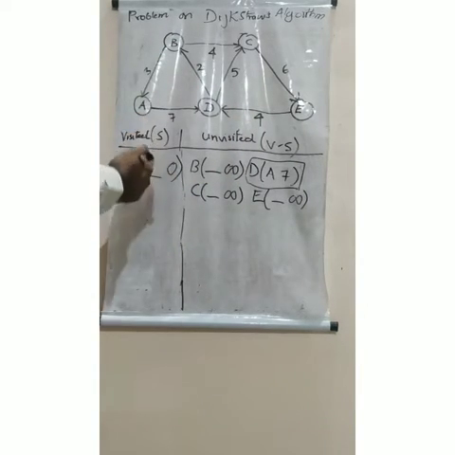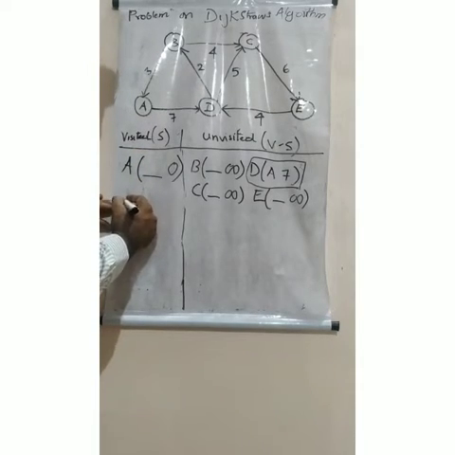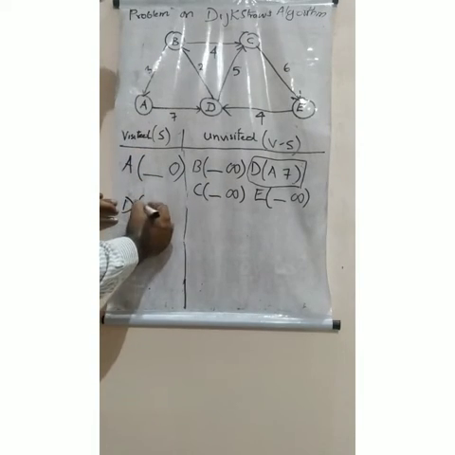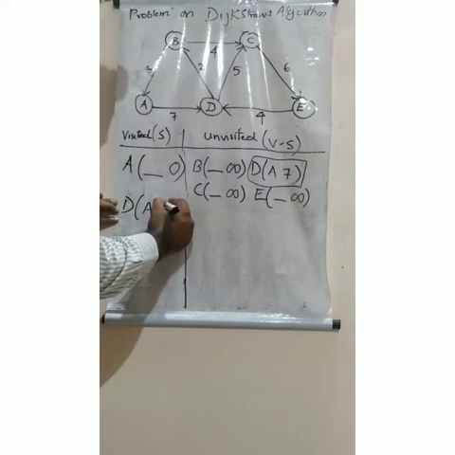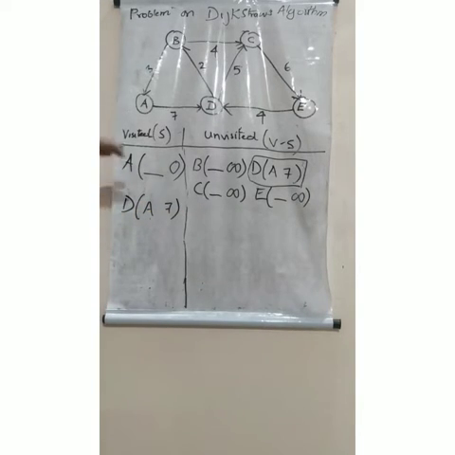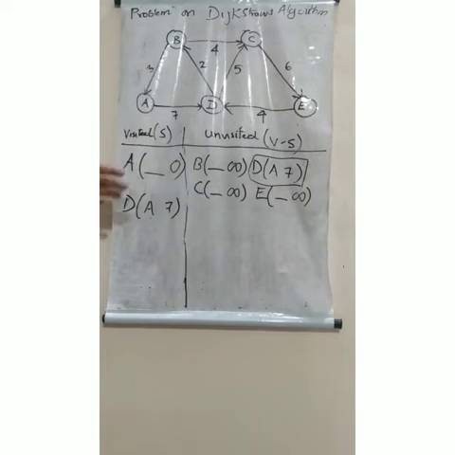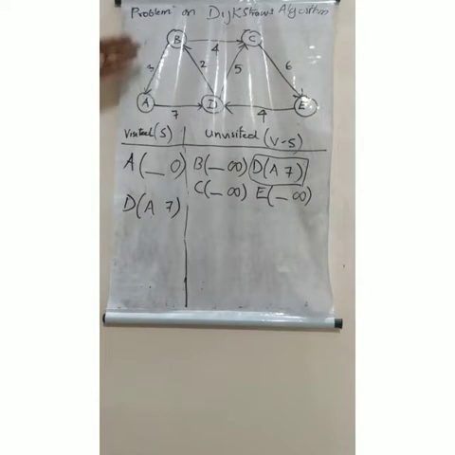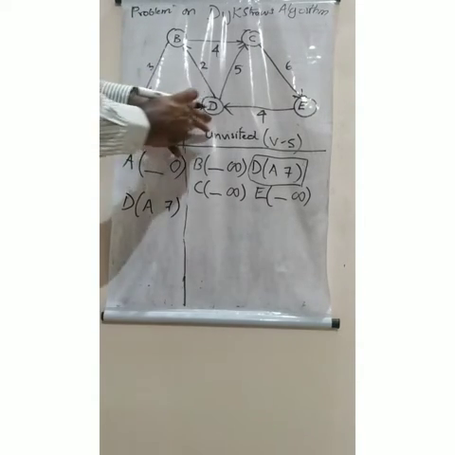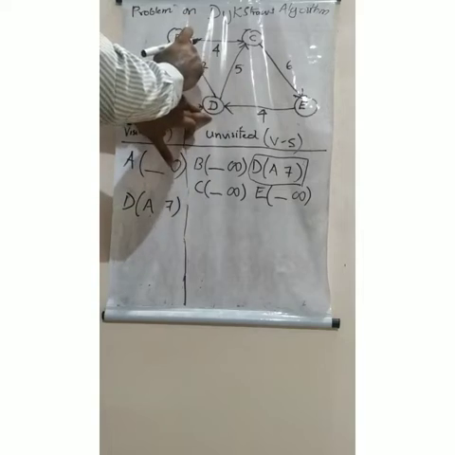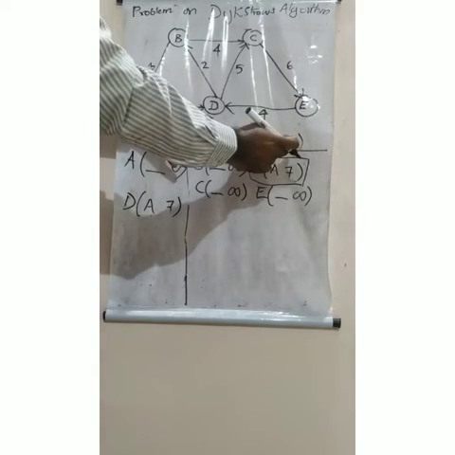It belongs to S now. So now take D with the source as A and distance as 7. Now we have reached D, and from D we have to find the shortest paths to the other vertices.